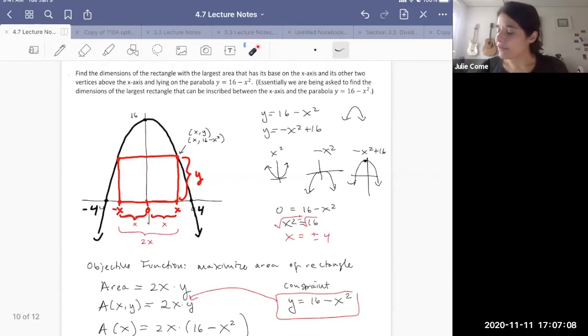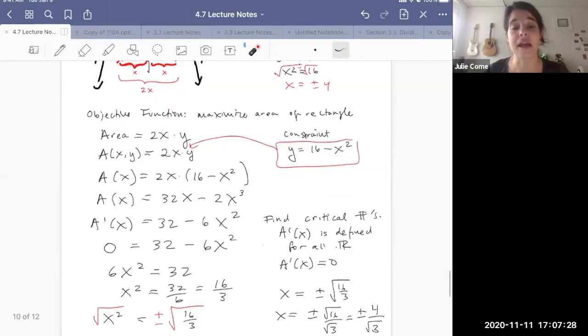Now, I want to be careful to answer the actual question, though. The actual question was to find the dimensions of the rectangle. So I do need to go back now and say, well, what are the dimensions? If this is 4 over root 3, then the dimension on the bottom, remember, was 2 times whatever our value of x was.